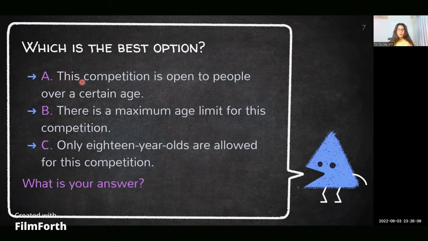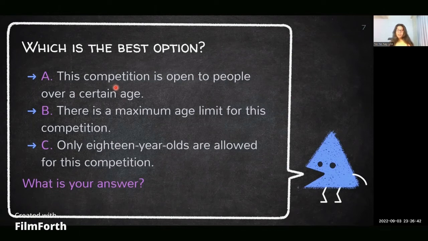Option A, this competition is open to people over a certain age. Now, what does the competition say? If you don't remember the information, it's okay, just go back to this video, all right? So, this competition is open to people over a certain age. What does this mean? A certain age, 18 years old. So people who are 18 years old can try to compete and participate in this competition.